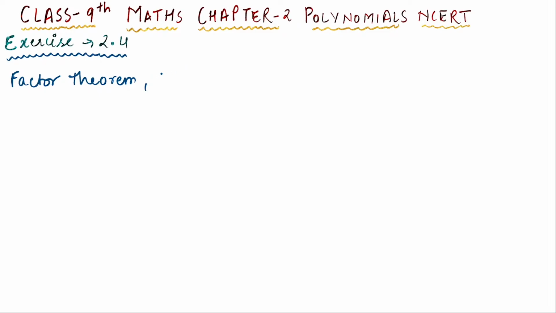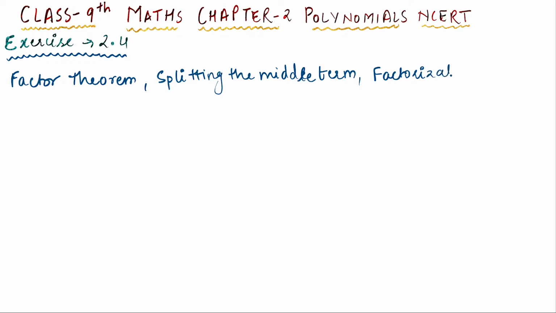Other is splitting the middle term method, and factorization of cubic polynomial. These are some of the concepts we are going to use in the questions of 2.4. So these are very important to cover. Okay, so let's start the video.